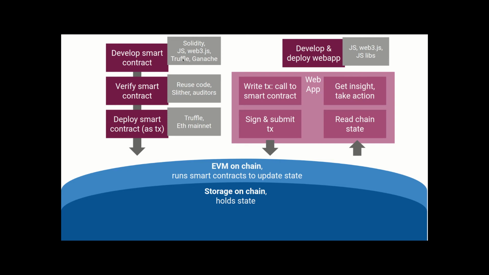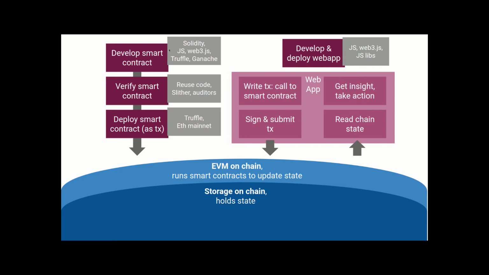And then Truffle is a JavaScript-oriented tool to deploy contracts. And Ganache is a local blockchain. It basically runs a single node locally that you can interact with and develop quickly. And then, of course, the global ones in the cloud, there's things like Ethereum mainnet that are in production. And there are also test nets in the cloud, such as Rinkeby and Ropsten.